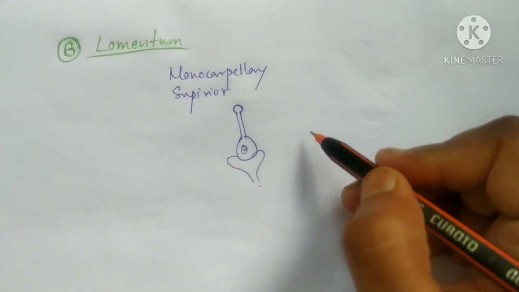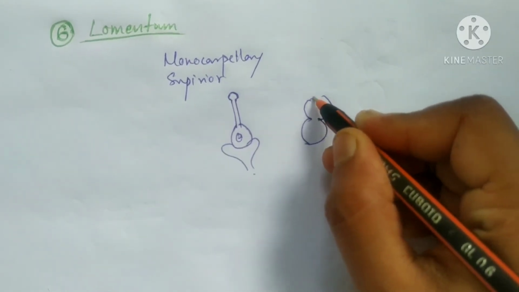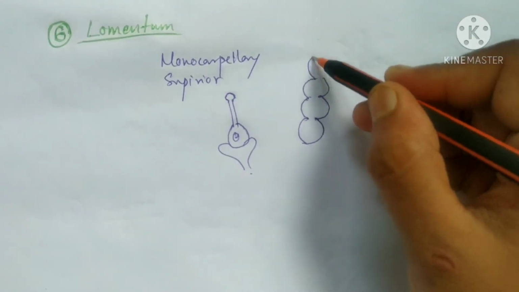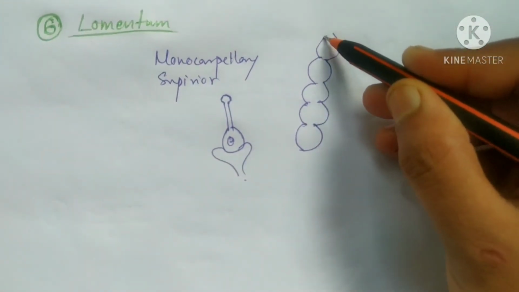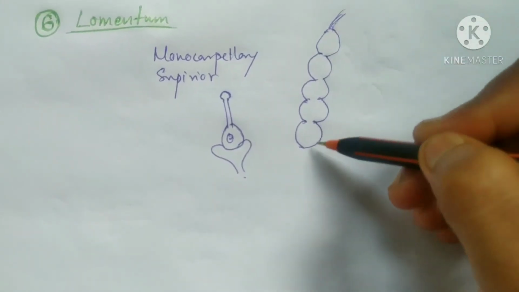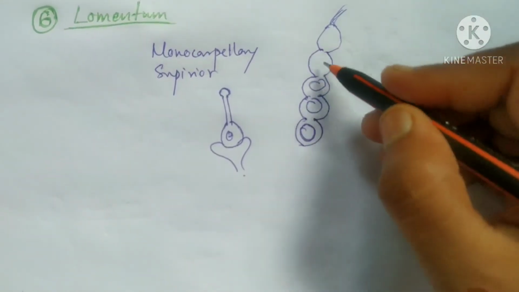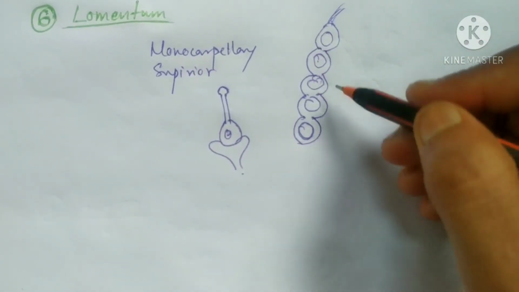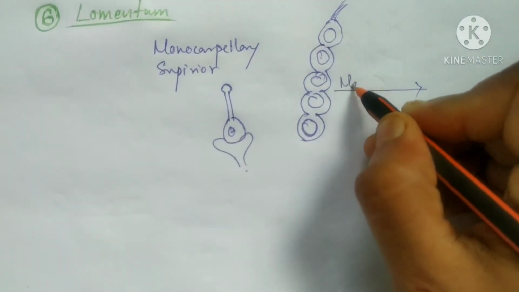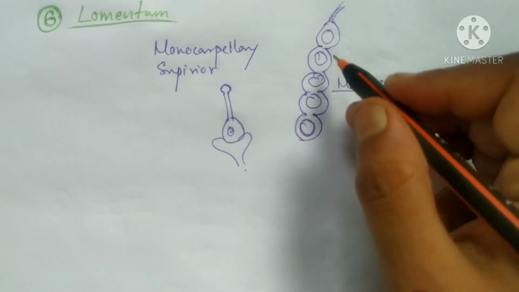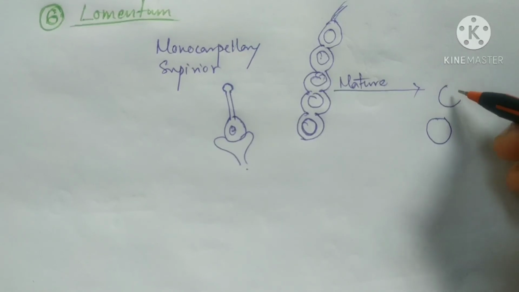So the fruit contains many beads, and when this fruit matures, all beads separate from each other.